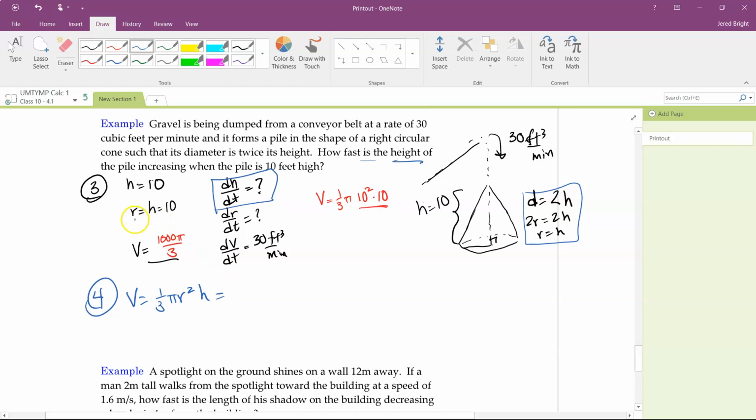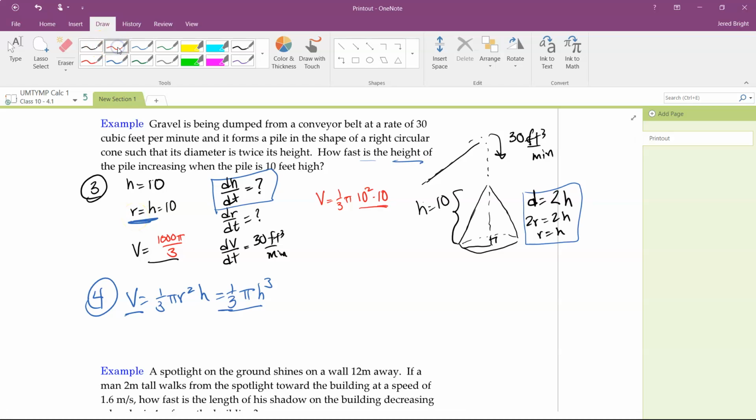So in my equation, I'm going to have 1/3 pi h squared times h, or effectively h cubed. And this is the equation I'm going to use because we always have the relationship that radius is the same as height.